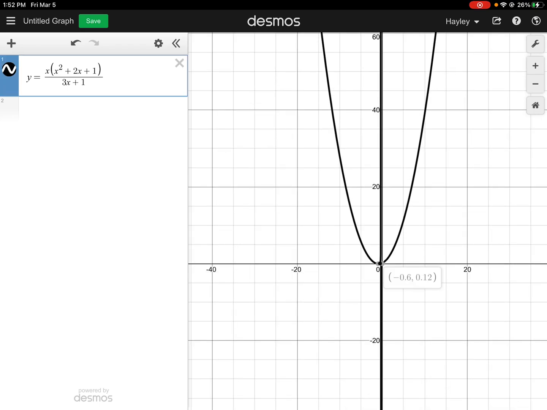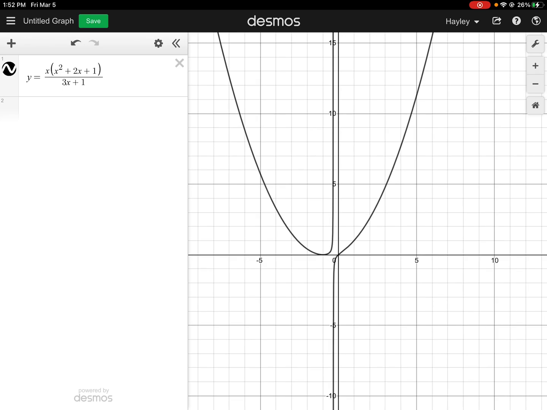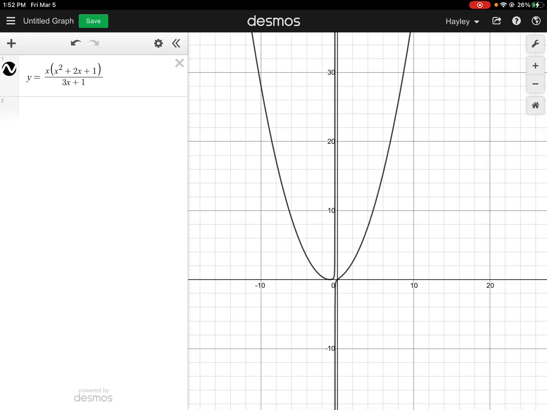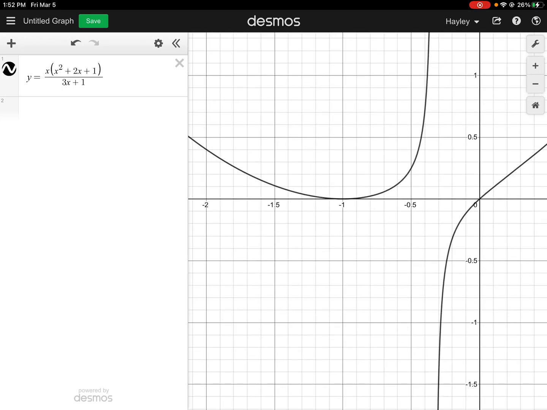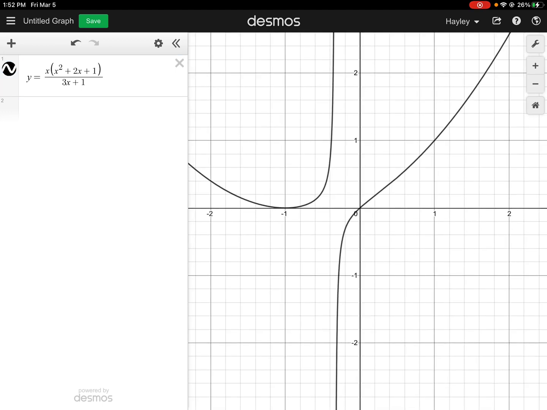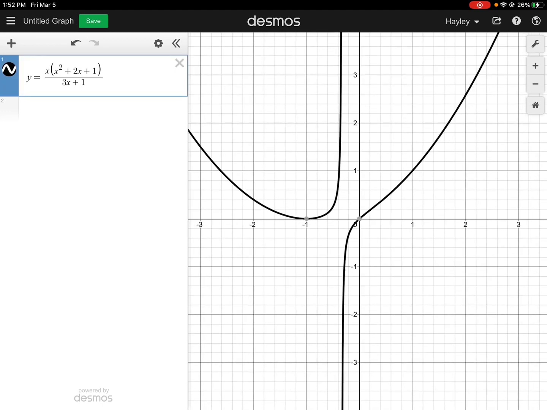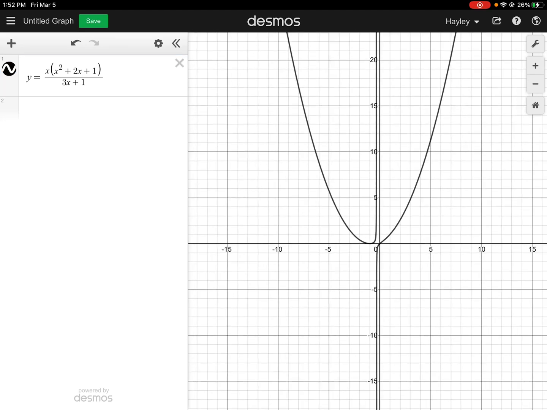Okay, so see this? It looks like a parabola. It looks like 1/3 of x squared, but then it has this funky asymptote in the middle. This is its x-intercept where it bounces, and this is its x-intercept where it crosses. So even multiplicity for that one, odd multiplicity for this one.